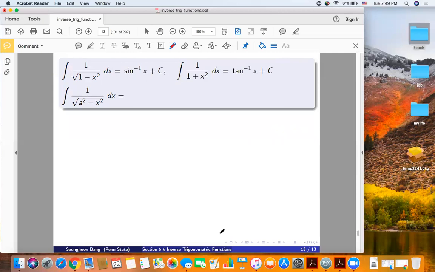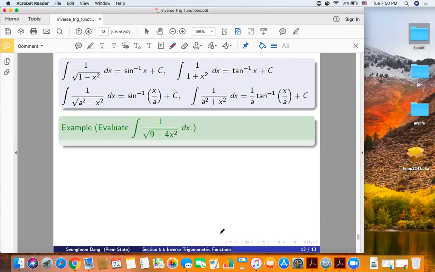The integral of 1 over the square root of a squared minus x squared dx is inverse sine of x over a plus c. The more general form, the integral of 1 over a squared plus x squared dx, is 1 over a times inverse tangent of x over a plus c. You can memorize these 4 rules.